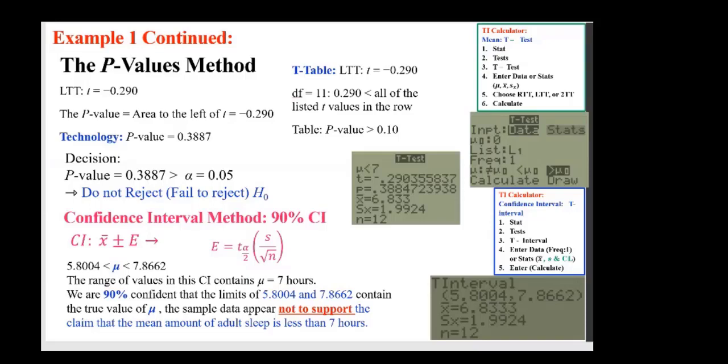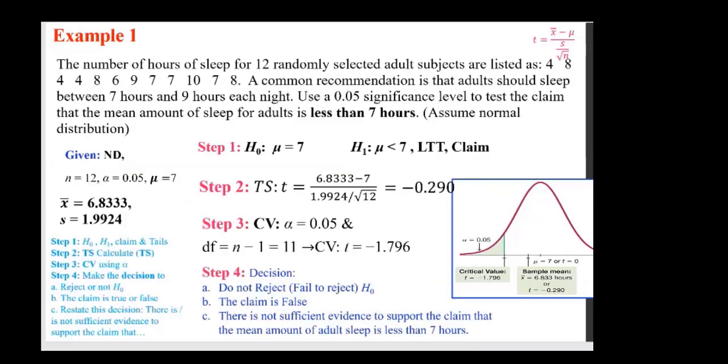Therefore, all it does is: do not reject H0. The rest of that comes as before. Then you elaborate. What does it mean you're not rejecting H0? It means the claim is true or false. If you're not rejecting H0, you're rejecting H1, the claim becomes false, and you know the rest.